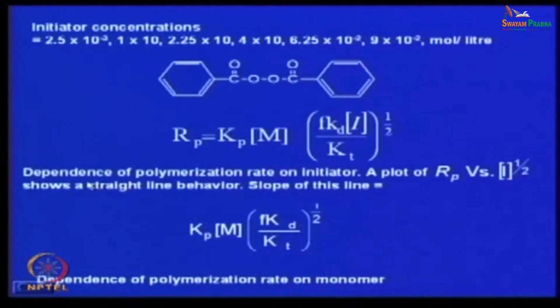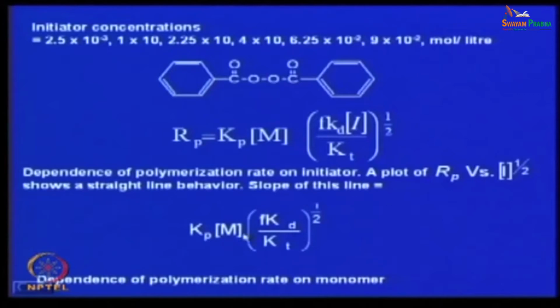Now, in order to know the dependence of polymerization rate on initiator, a plot of Rp versus initiator concentration, as you have seen earlier, if that is plotted, then this is the slope of the curve. If you know these parameters Kd, Kt, monomer concentration and Kp, you can calculate the initiator efficiency factor, the value of F factor.